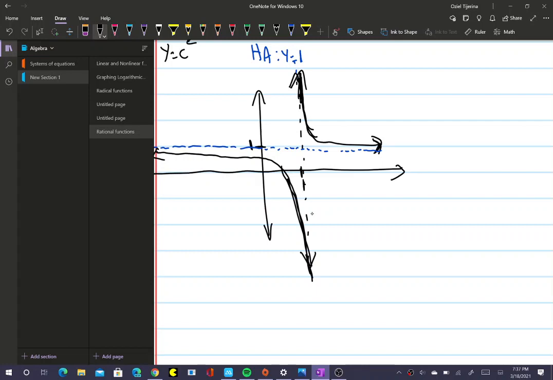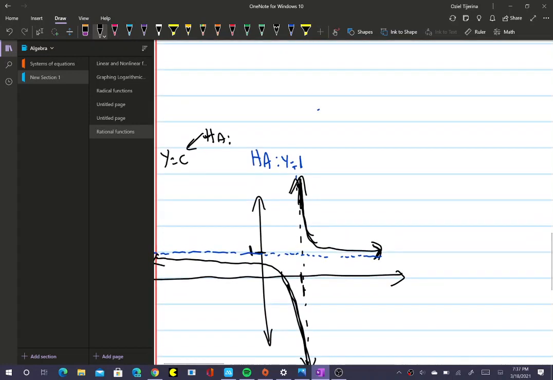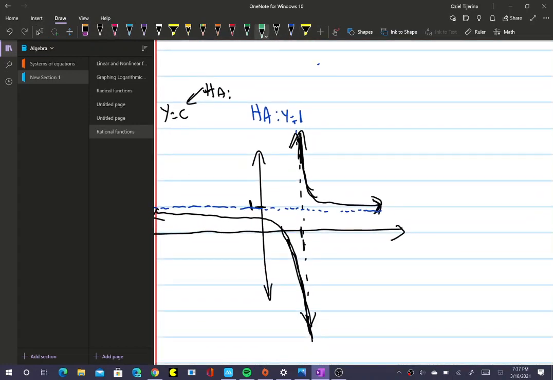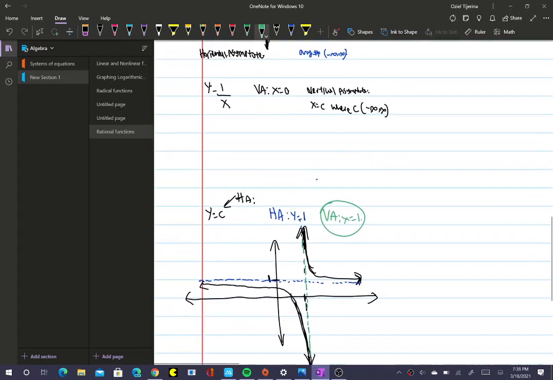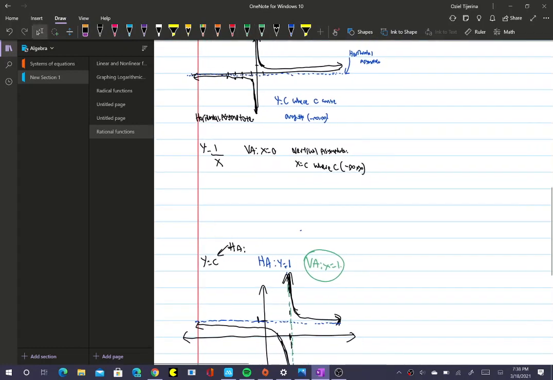And if you look at your graph, that value is x equals 1. Let me actually color code this. So the vertical asymptote would be x equals 1, okay? So that's kind of the introduction of this.